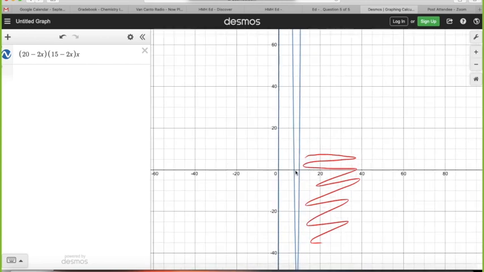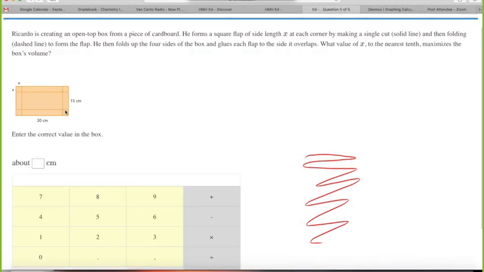What number are we at here? So that's 7.5. This one is 10. If x is greater than 15, that would not be helpful, right? Because if x was greater than 15, then that would be 0. And again, that would be non-existent.